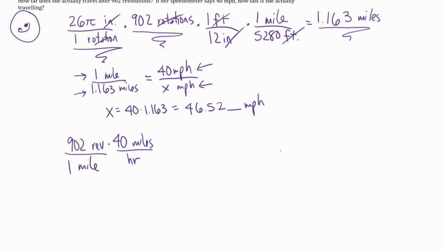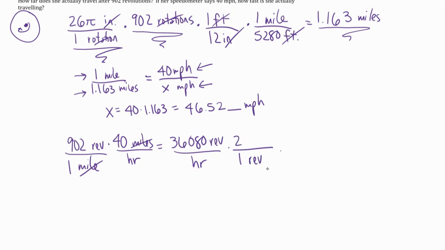That's what your car thinks. So let's figure out how many revolutions per hour your car is going to make. Your car is going to make 40 times 902 revolutions. That's 36,080 revolutions per hour.